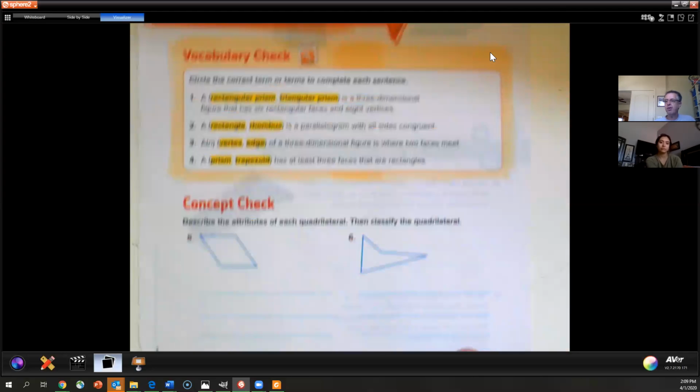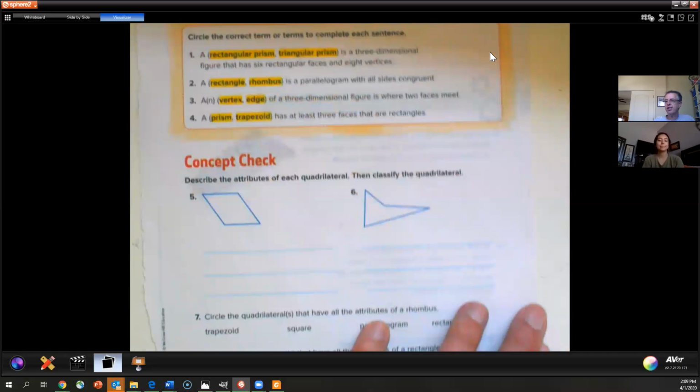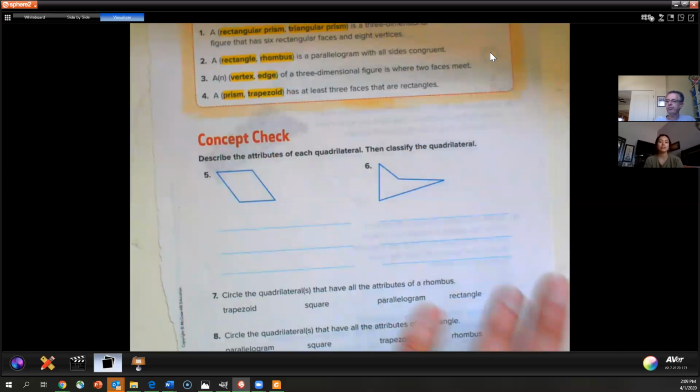Ms. Garcia, you want to tell them about what to do for the number 5 and number 6? Yes, so for this section, it says describe the attributes of each quadrilateral. So remember that means any congruent lines as well as parallel lines. Then classify the quadrilateral.